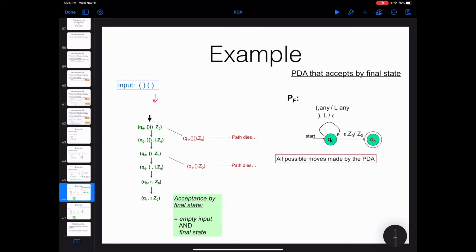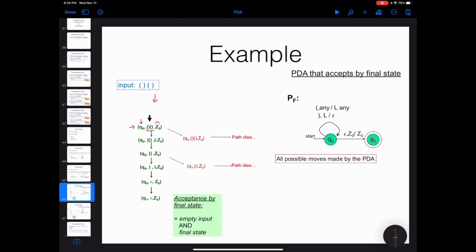You can see that at the beginning, we will start at this situation that we are at state Q0. The full string hasn't been read yet. And the token on top of the stack, the only token in the stack, is the initial token Z0. So in this situation, there are two possible moves.